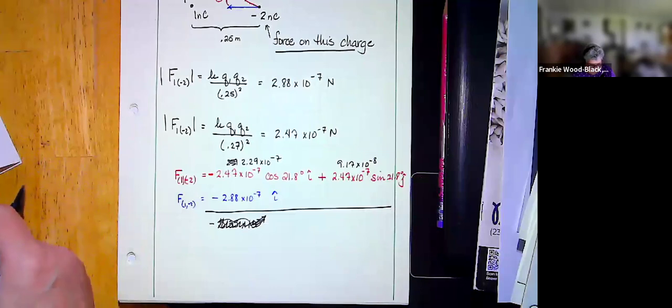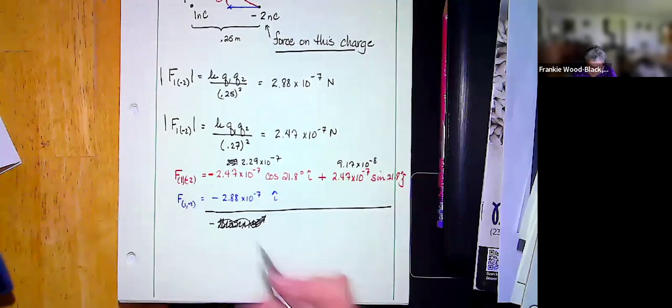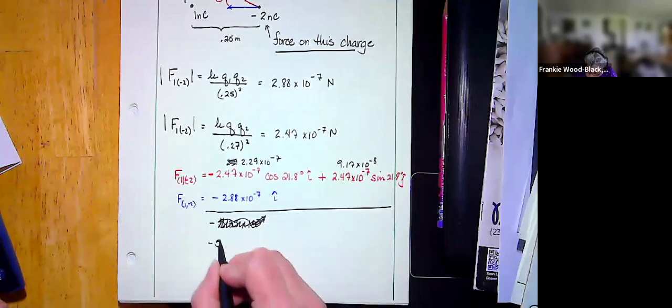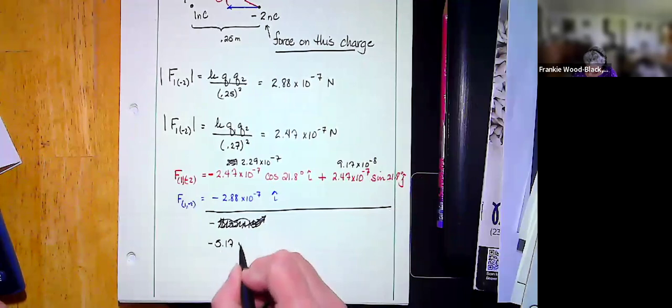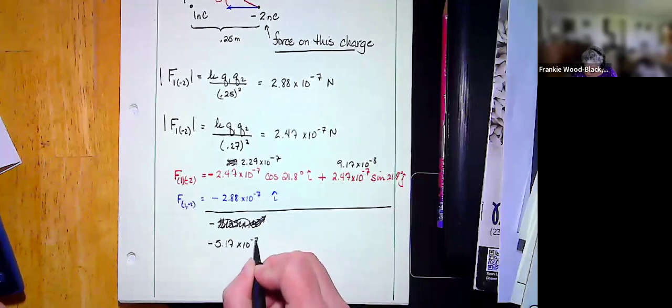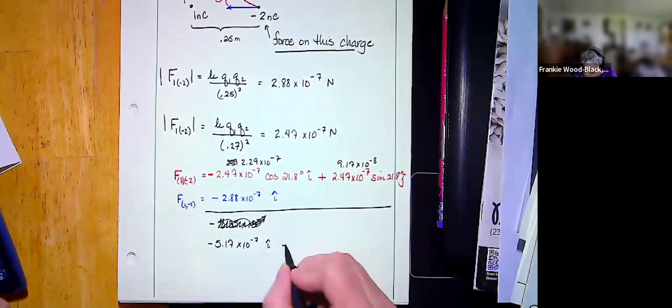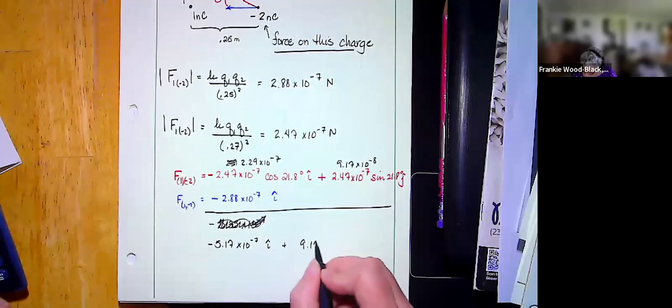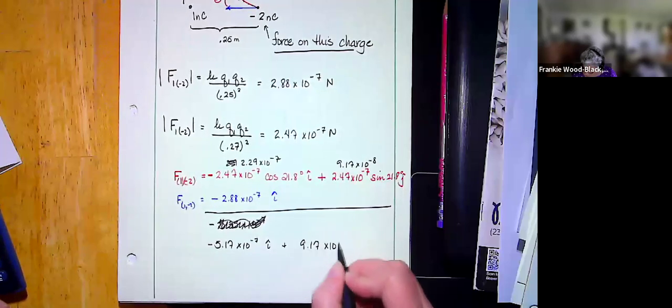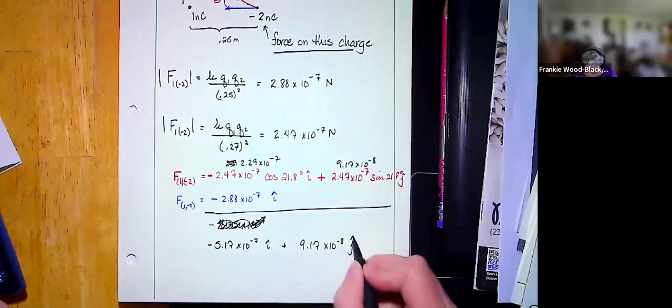So now I can add them together. 2.29. This gives me a negative 5.17 times 10 to the minus 7 in the i direction, plus 9.17 times 10 to the minus 8 in the j direction.